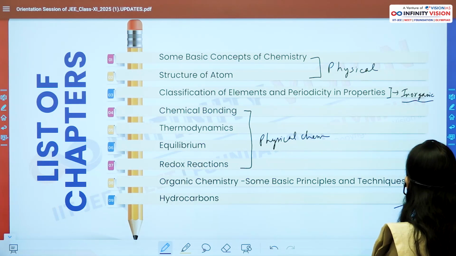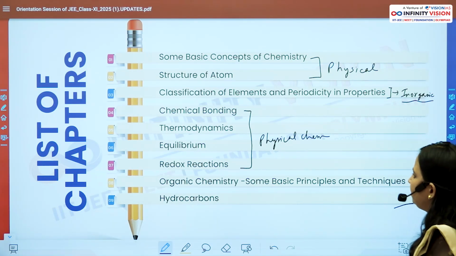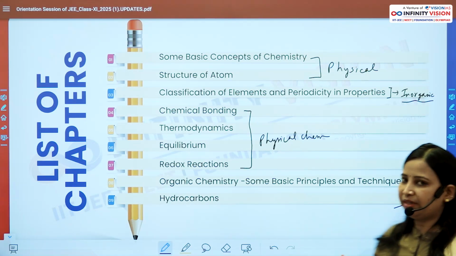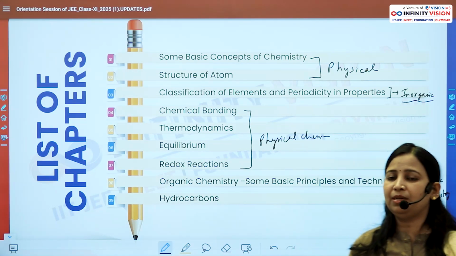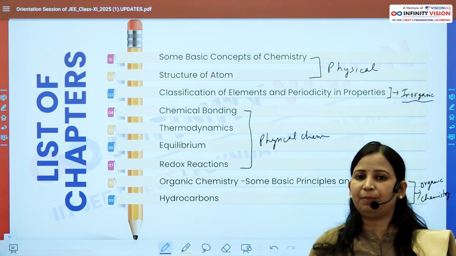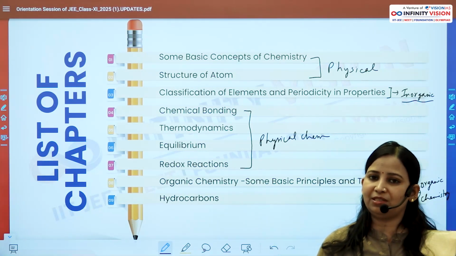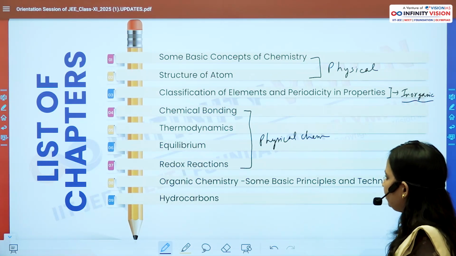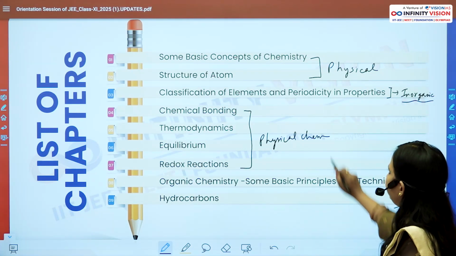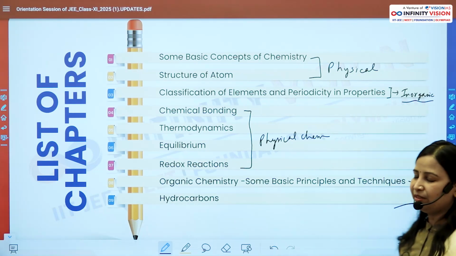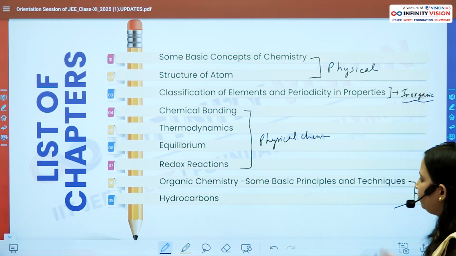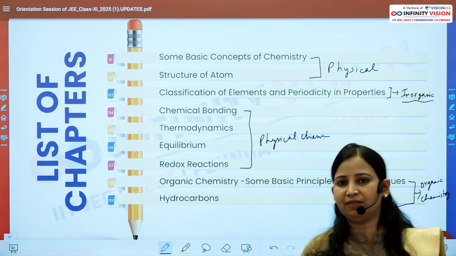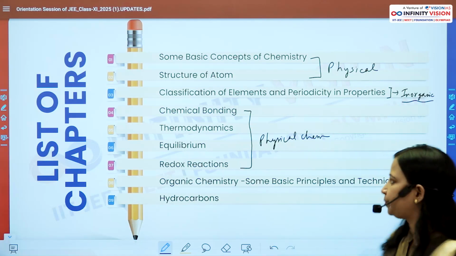You can see that most of this part is from physical chemistry, so physical chemistry has a very high weightage, followed by organic chemistry and then inorganic chemistry. These 9 chapters with different weightage are coming in our CBSE class 11 chemistry exam.